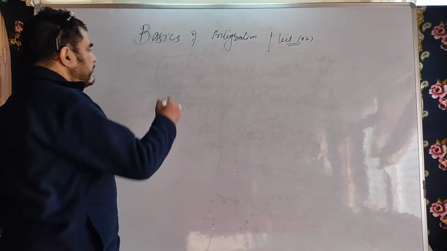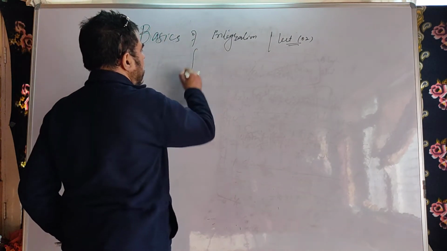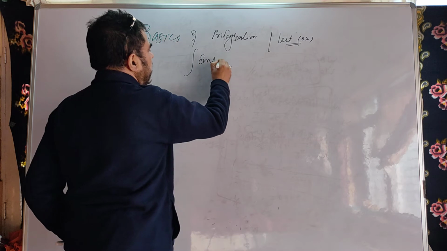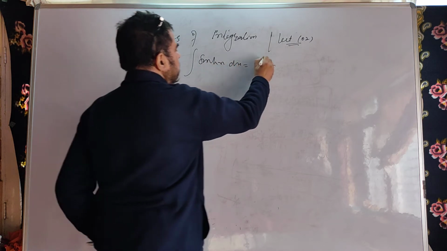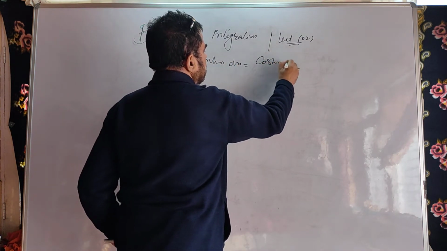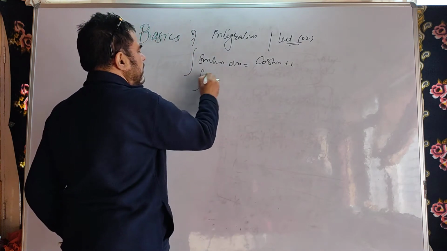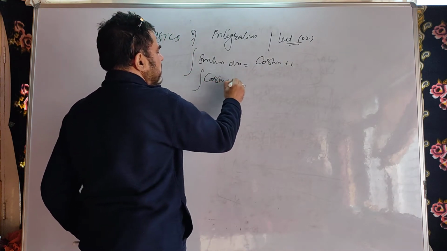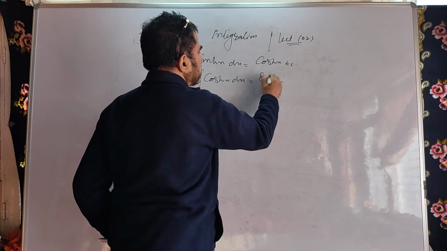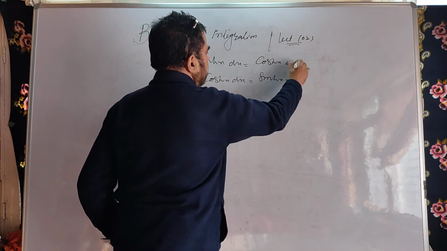You have done there integration of hyperbolic sin x dx, it is cos x plus c. Integral of cos x dx, you did it. It is sin x plus c.